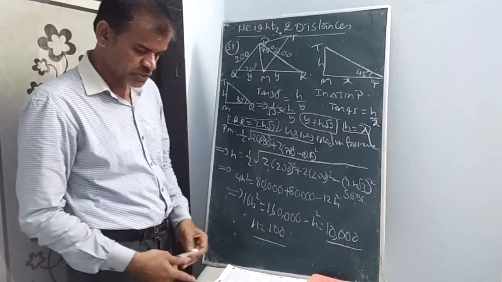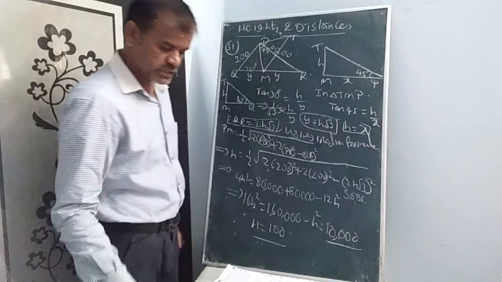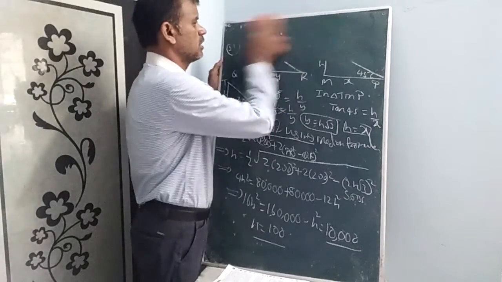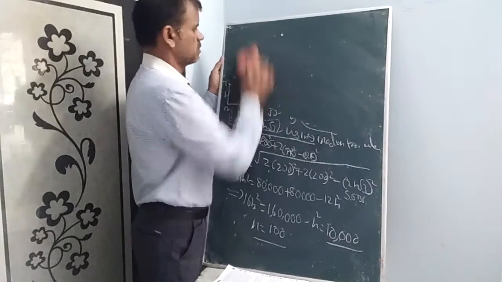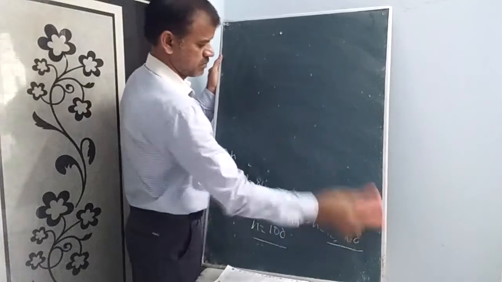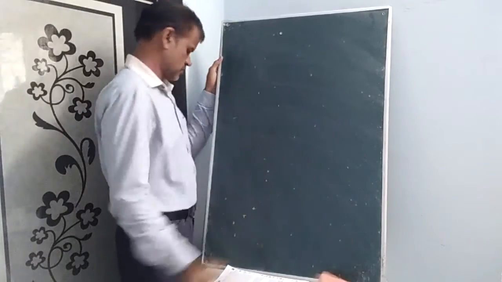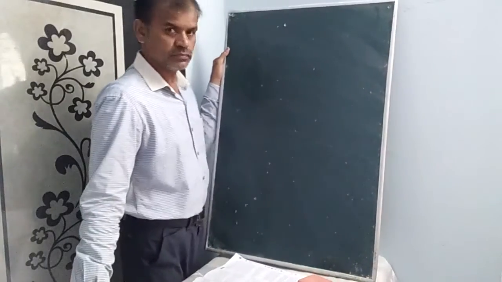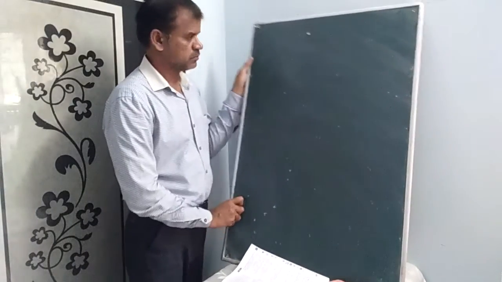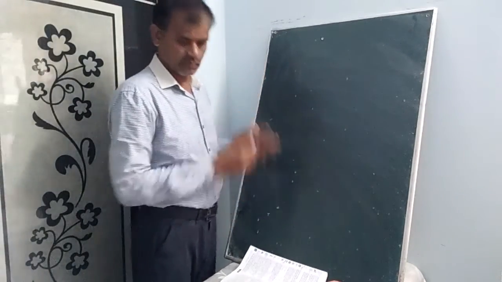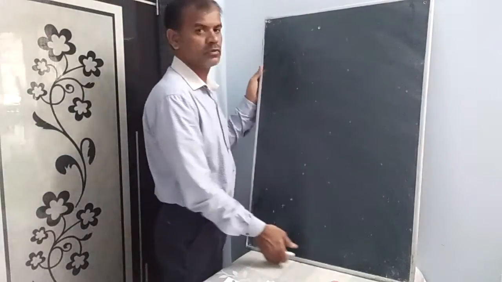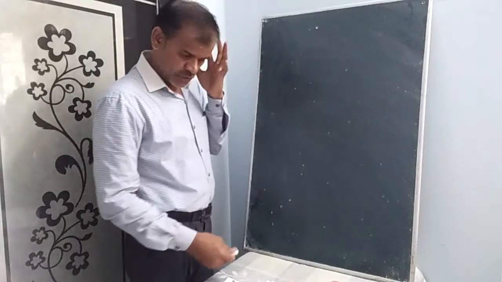31st question, second option. Now let us see the 32nd question. Page number 193, heights and distances, level 3, 32nd question. Read the question.